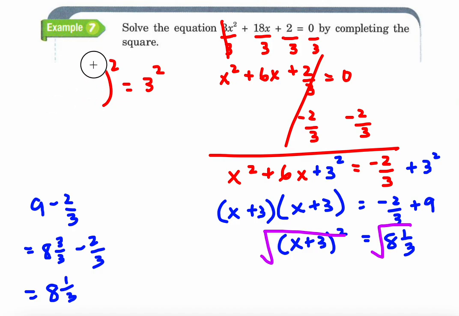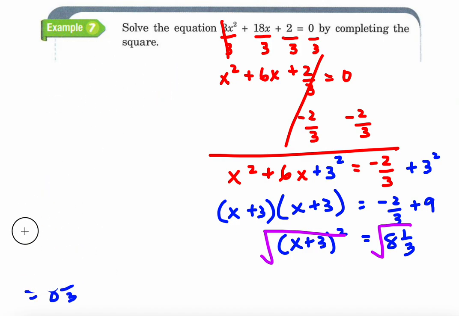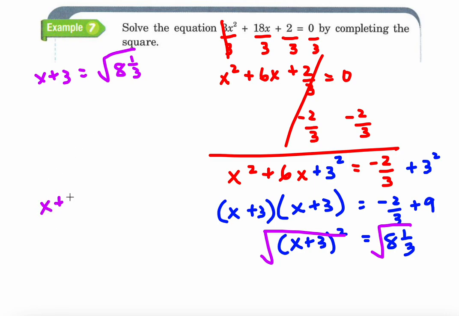Let me use this left-hand side here to solve. So then I end up with x plus 3 equals the positive square root of 8 1/3. And I also have the possibility of the negative square root of 8 1/3.